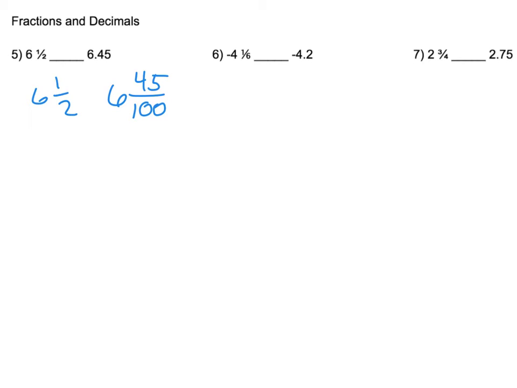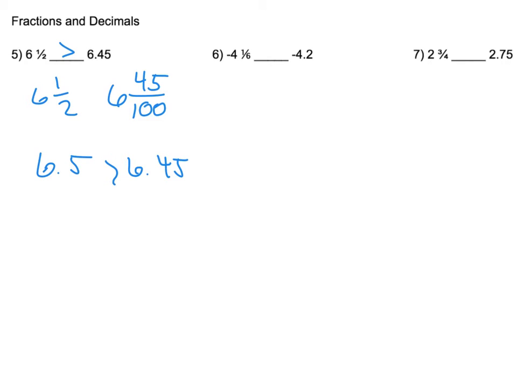Remember, 1/2 is the same as 0.5. So I'm actually going to take that away and just write 6.5. We know that that's 6.5, and 6.5 is definitely larger than 6.45. So I'm going to say that 6 1/2 is larger than 6.45.